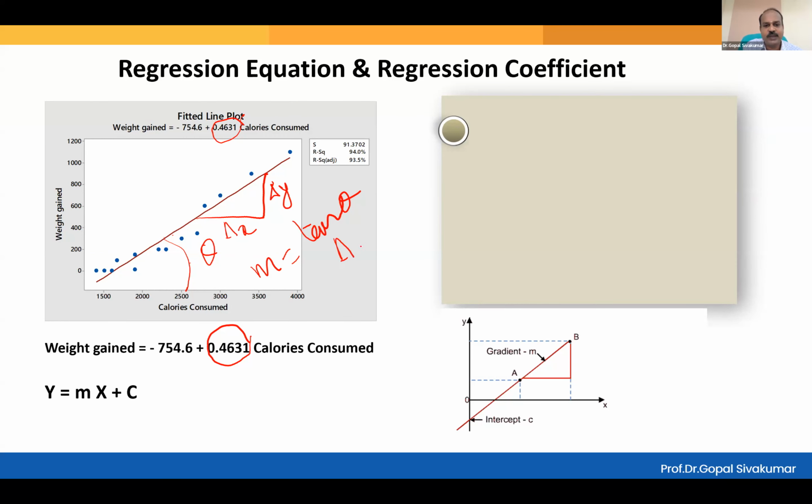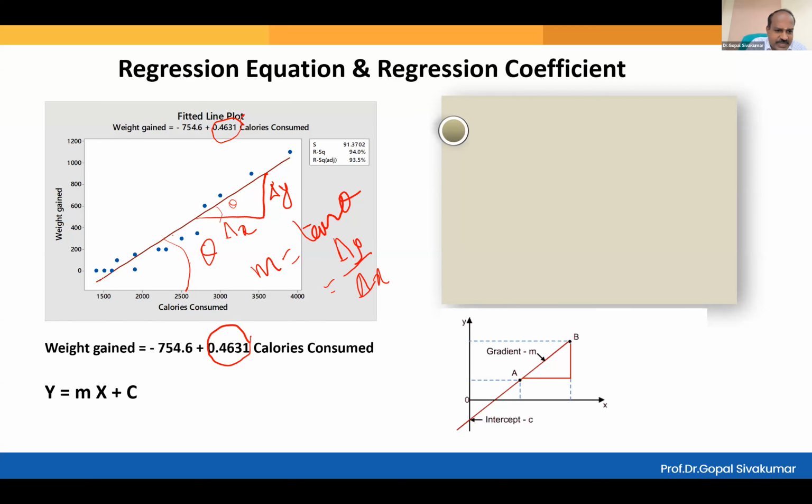Now you go for del y divided by del x. Del y is the opposite side in this triangle. In this triangle also the angle will be the same theta, isn't it? Opposite side by adjacent side is nothing but tan theta. So m is tan theta. The software will do everything, but I want you to understand this. So the 0.4631 is now calculated by yourself.